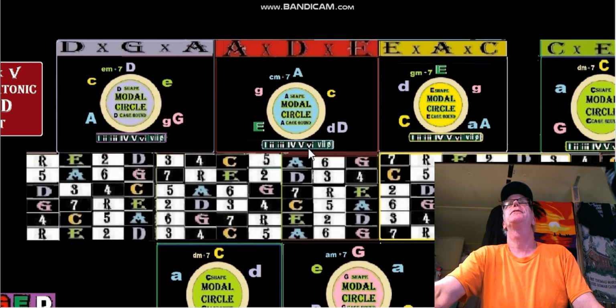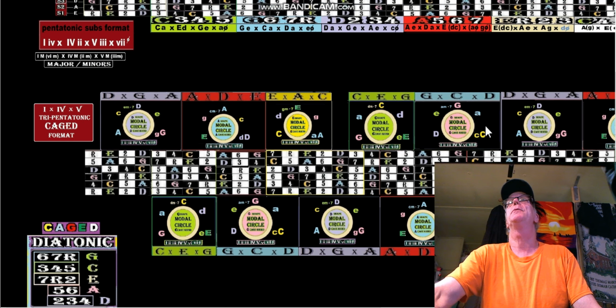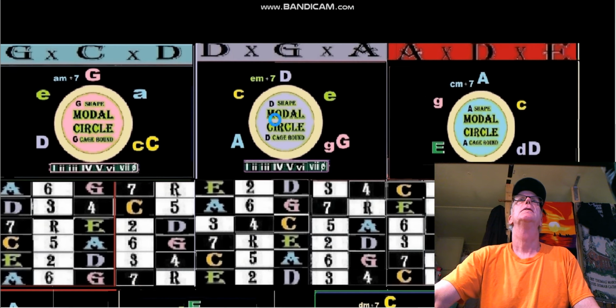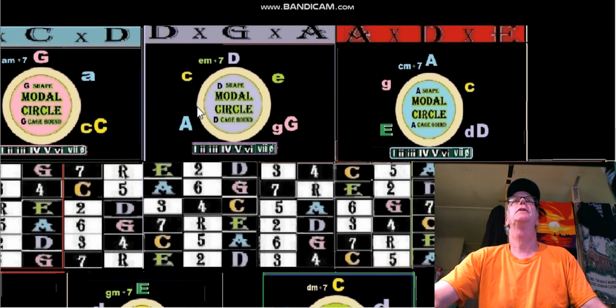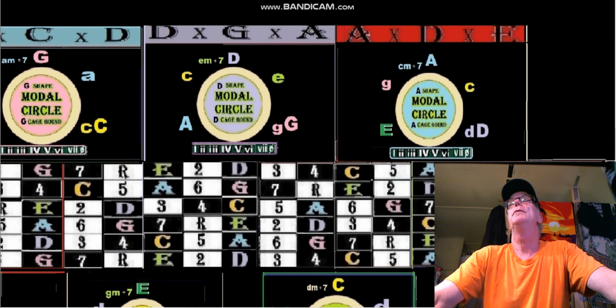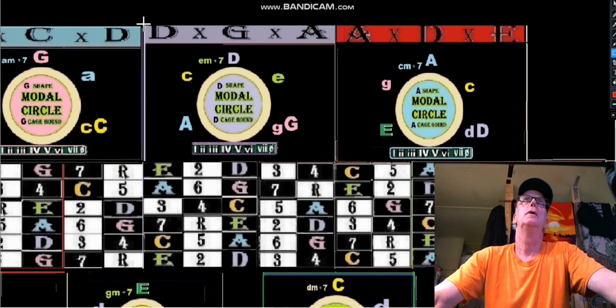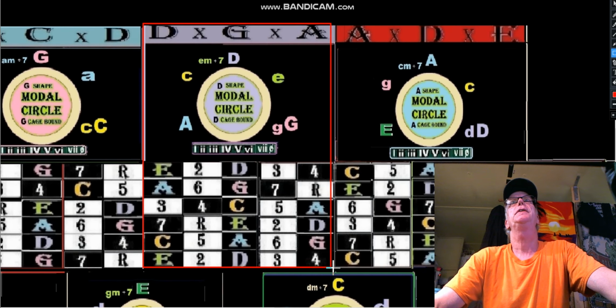Okay, so let's zoom out a little bit and see where we're looking at D for real over here. Come on over, D. So let's look at that D string shape right there. So we'll use the drawing tool. This is our D string shape right here. Okay, 5, 6, 7.